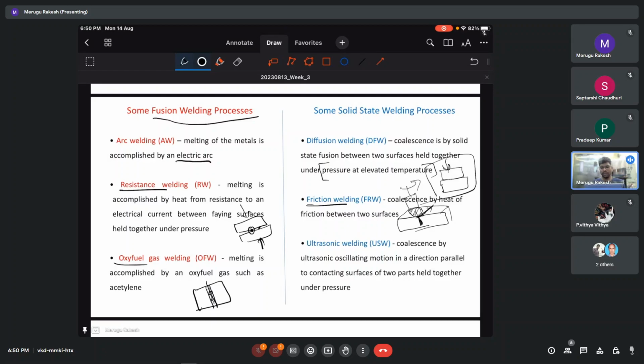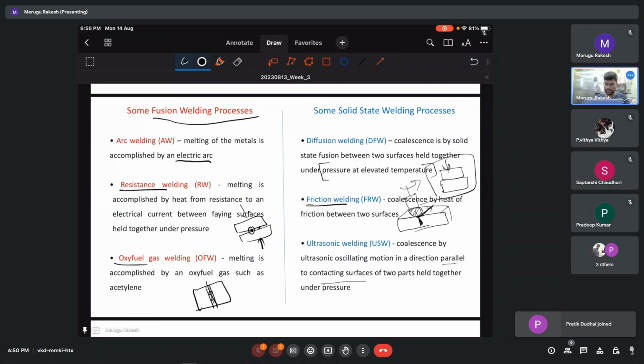Then comes ultrasonic welding. Coalescence is by ultrasonic oscillation motion in a direction parallel to the contacting surface between two plates held under pressure. It's very simple. We'll take a plate and one more plate, which is a simple lap joint. We'll put an ultrasonic transducer or probe, and there will be some vibrations.